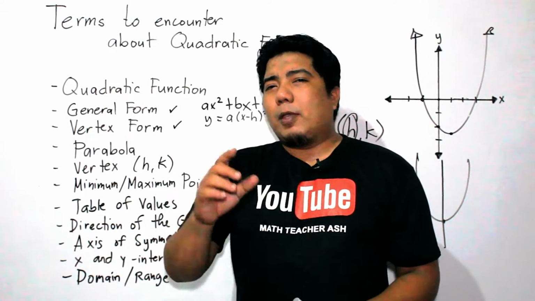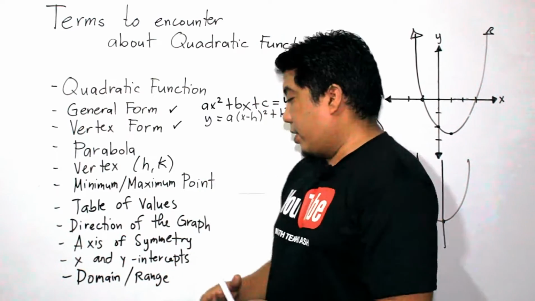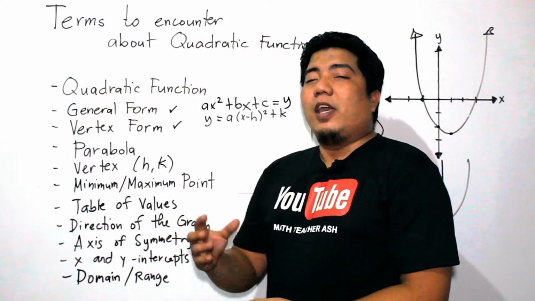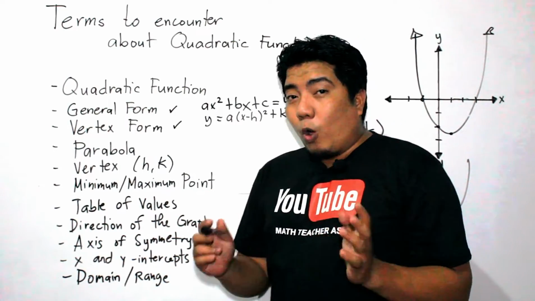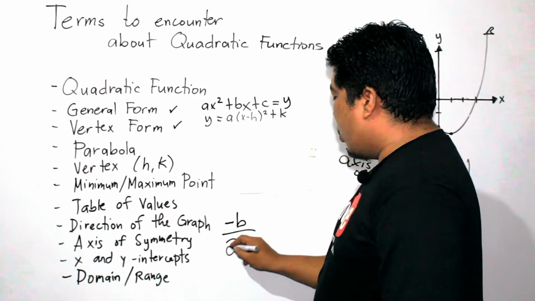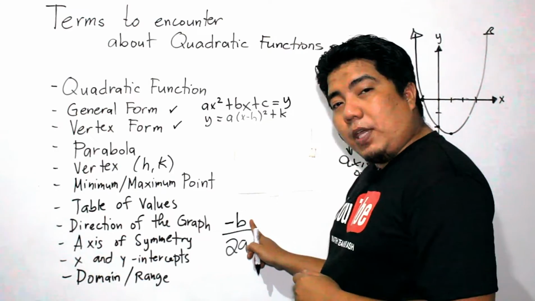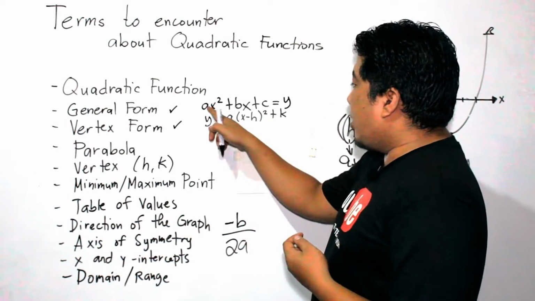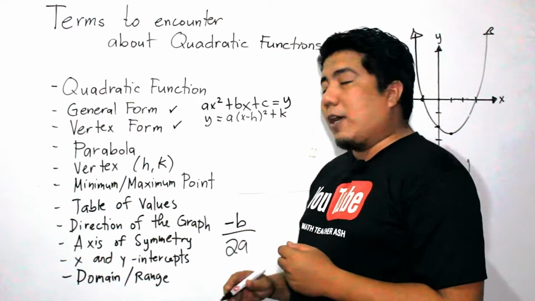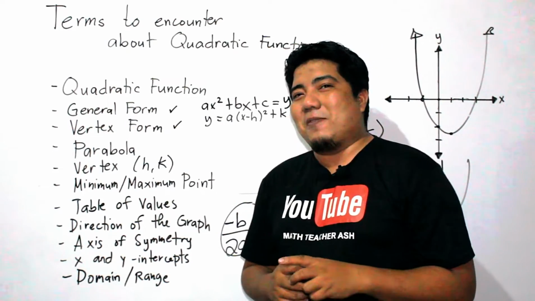Well, there is, because you just need to use a certain formula, plug it in, and simplify it, and you will have your axis of symmetry. What is that formula? That is negative b over 2a. So your b here will be the b in your expression, and your value of a here will be the a here.